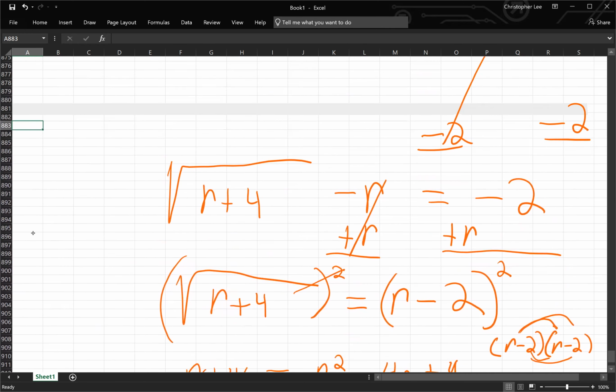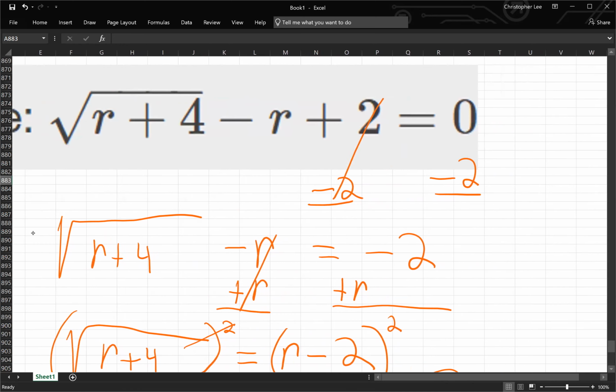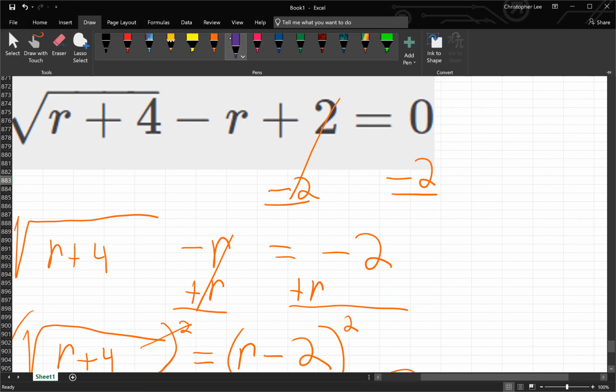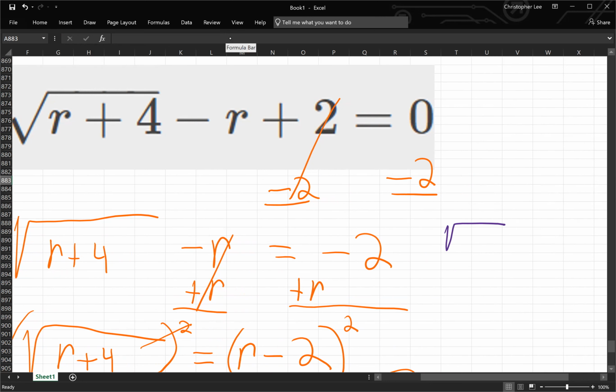I don't know. Let's check and see. So let's say the square root of, I'm just going to plug in the 5, plus 4 minus 5 plus 2, allegedly, that's 0.